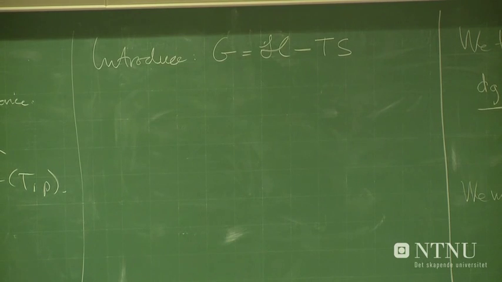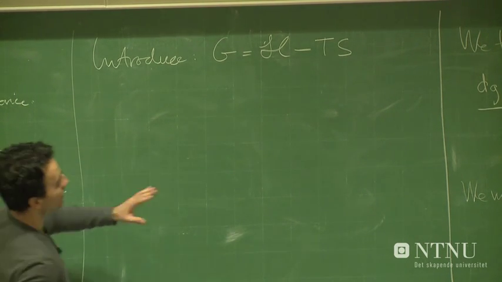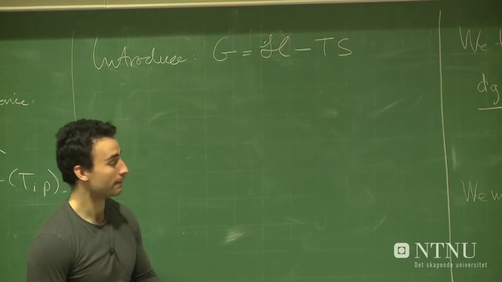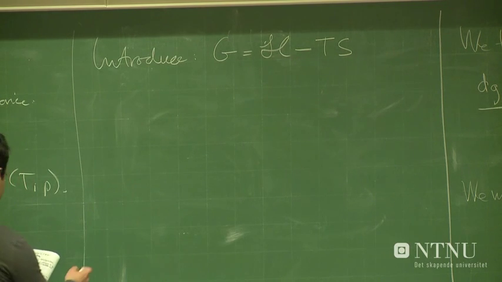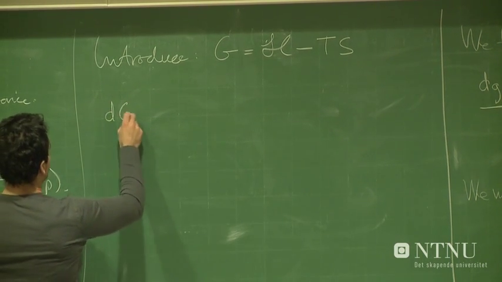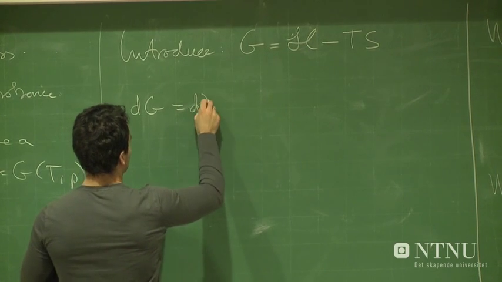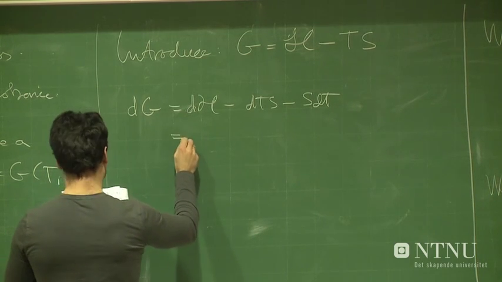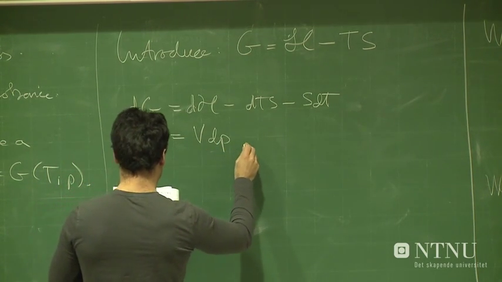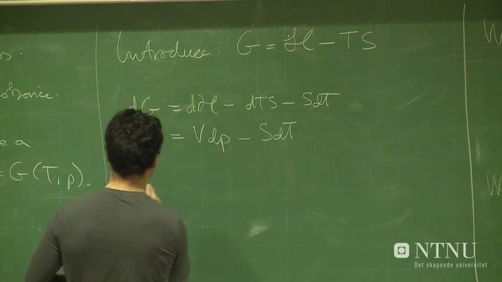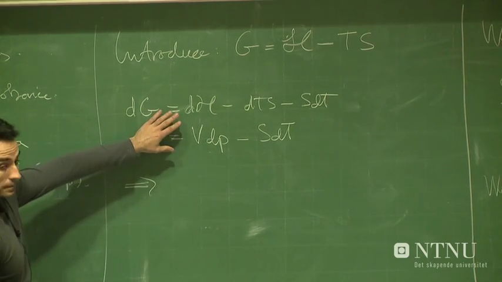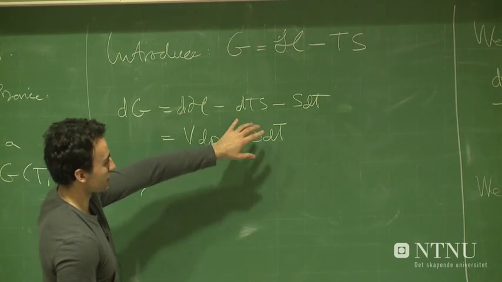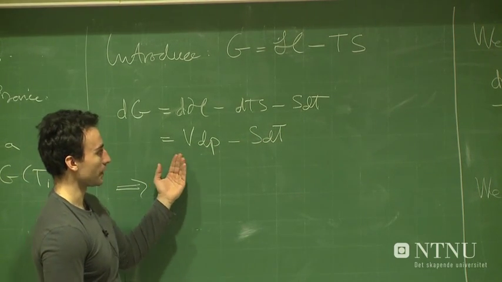Namely, we take the original enthalpy of the system and subtract the product of the two variables we want to interchange, temperature and entropy. By doing so, one of the terms in dH will cancel with a term here, so that we're left with this.